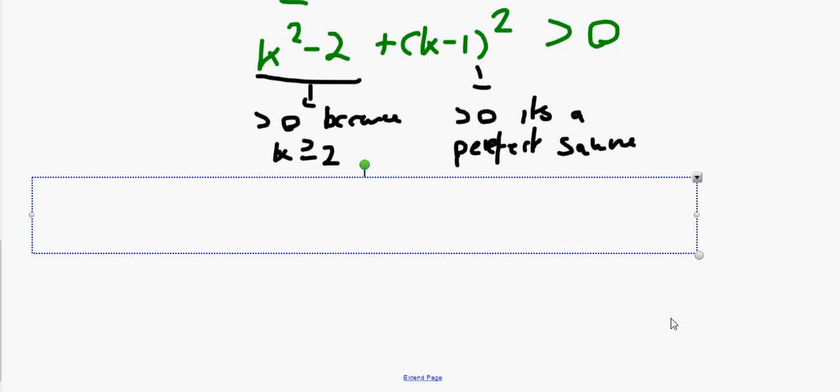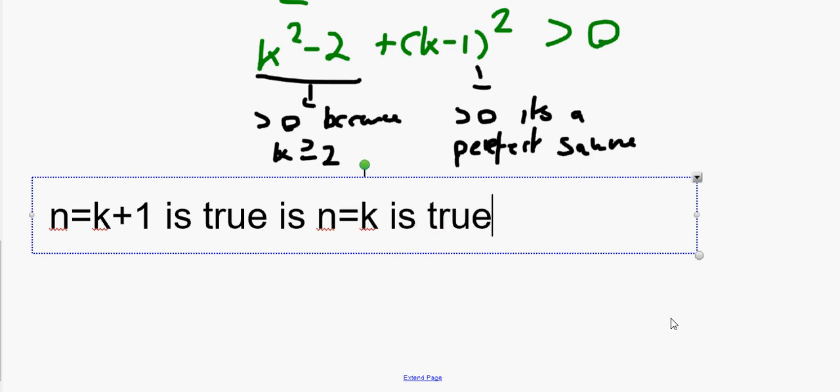So n equals k plus 1 is true if n equals k is true.